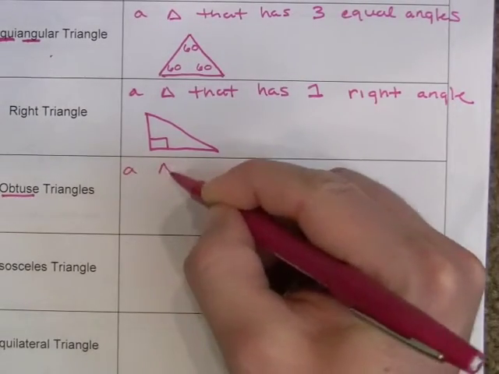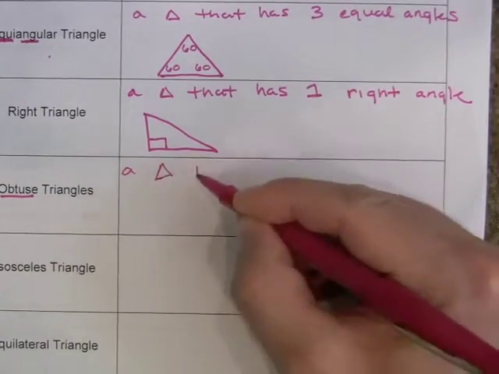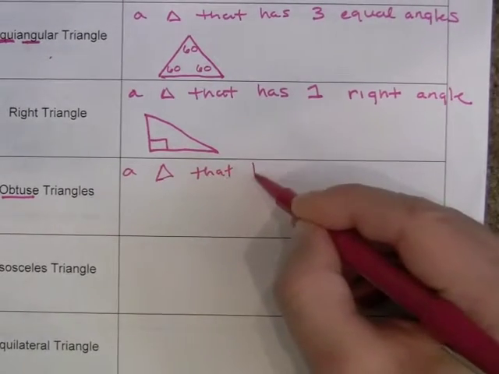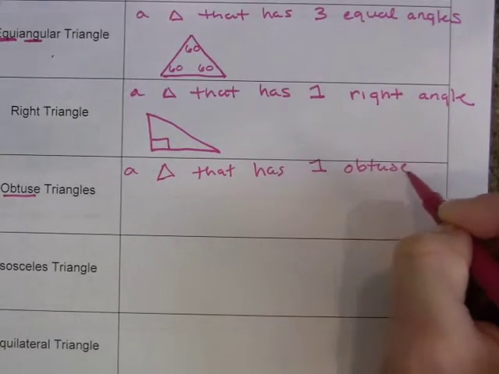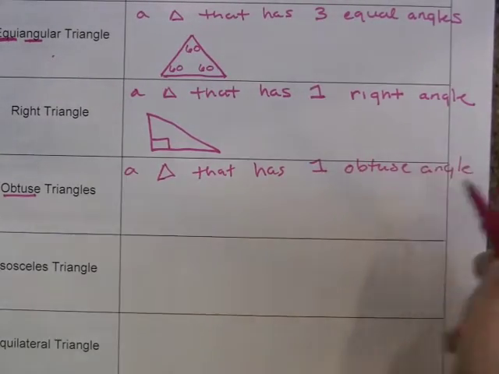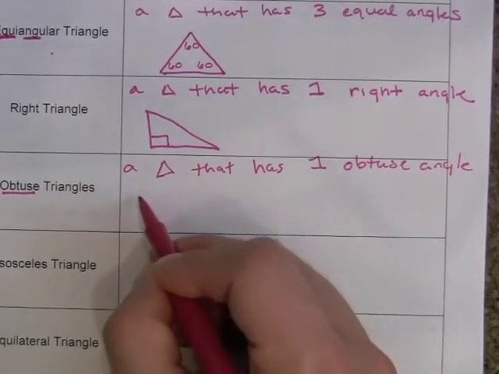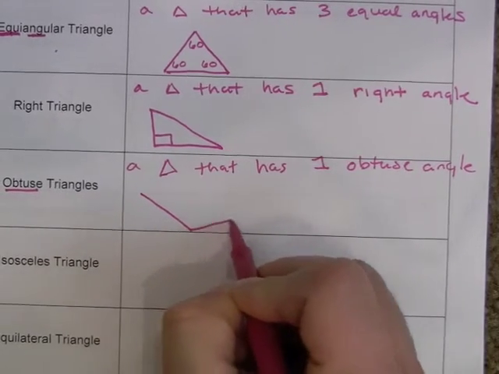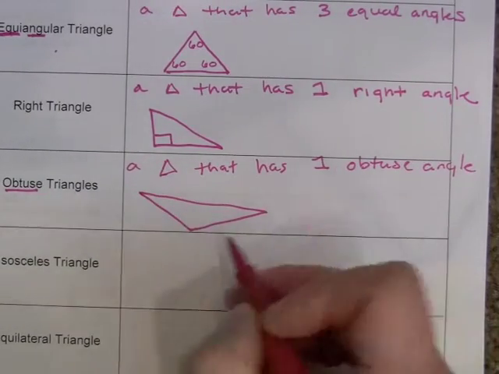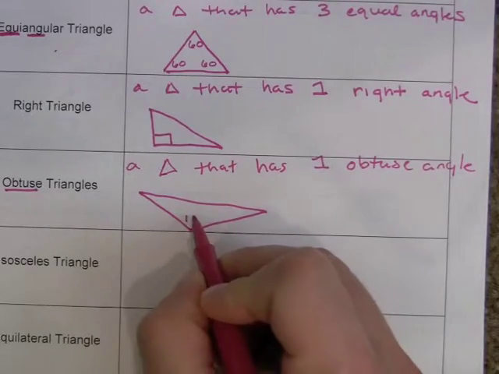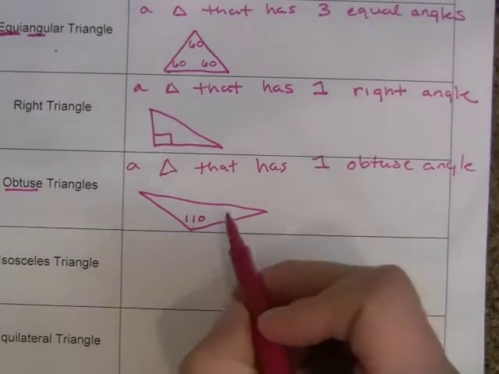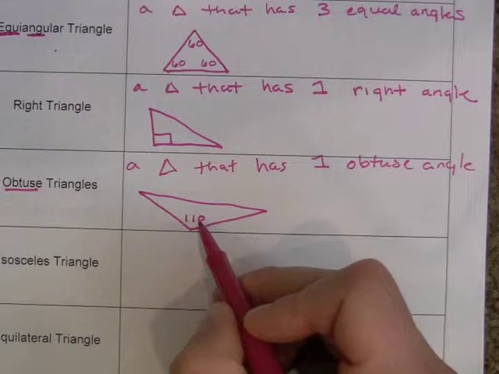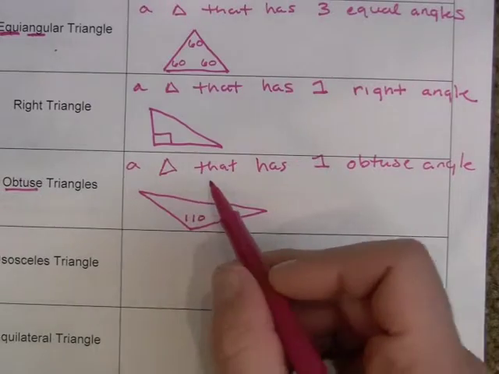So it's a triangle that has one obtuse angle. This is an example of an obtuse triangle because this angle here, 110 degrees, is an obtuse angle. So this would be called an obtuse triangle.